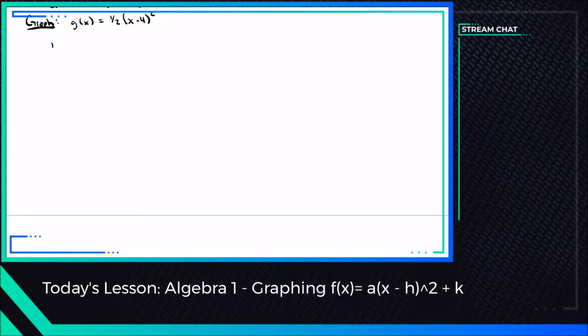And so our first thing we're going to want to do is actually plot our axis of symmetry. And so if we go ahead and draw a coordinate plane over here, we're going to be mainly over here in quadrant 1.